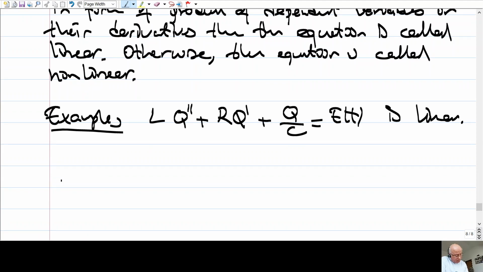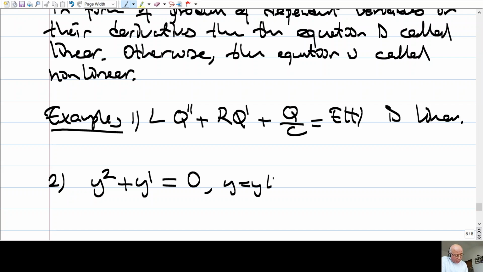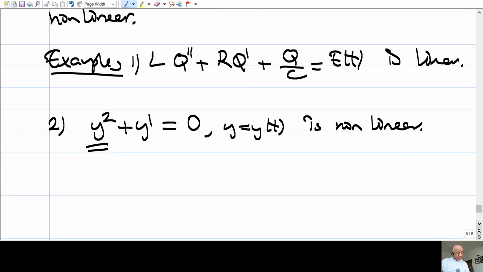For example, suppose we have an equation like this: y squared plus y prime equals 0. Here, a dependent variable, suppose y is a function of t, is multiplied with itself. Therefore, this is a nonlinear equation, because it has a term where a dependent variable is multiplied with itself.